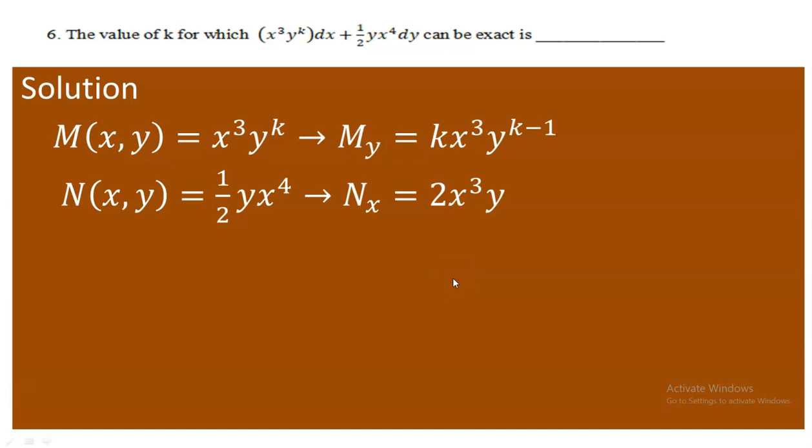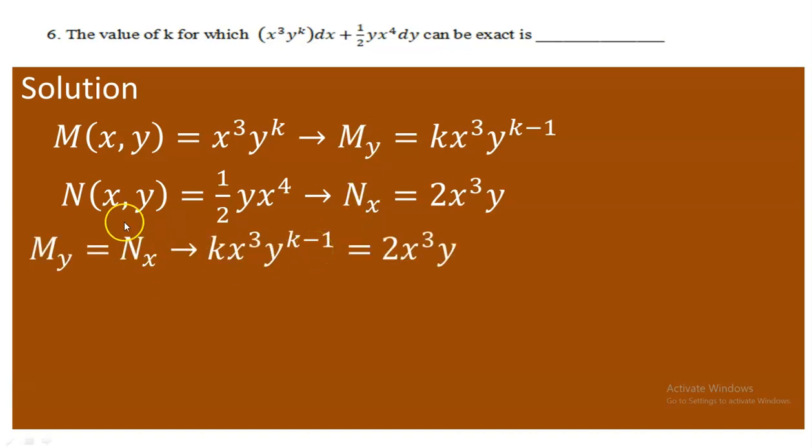But remember that a differential equation which is exact must satisfy the condition that My equals Nx. So My equals Nx implies that, look, this is your My and this is your Nx, so we can cancel x cubed by x cubed. In order to make it general, x must be different from 0.